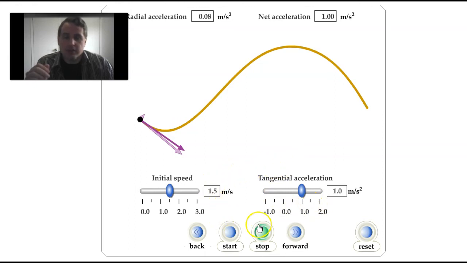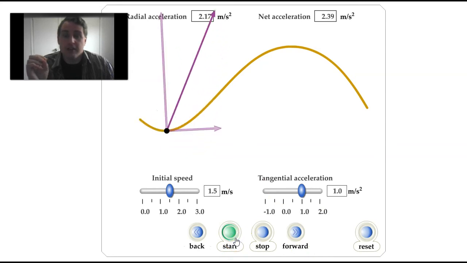Okay, so you'll also see that the centripetal acceleration will certainly be larger than it was before in the base case of just moving at a constant 1.5 meters per second through these curves, because as we go progressively faster and faster, if you have v squared over r, v is getting larger, so the centripetal acceleration is also getting larger.